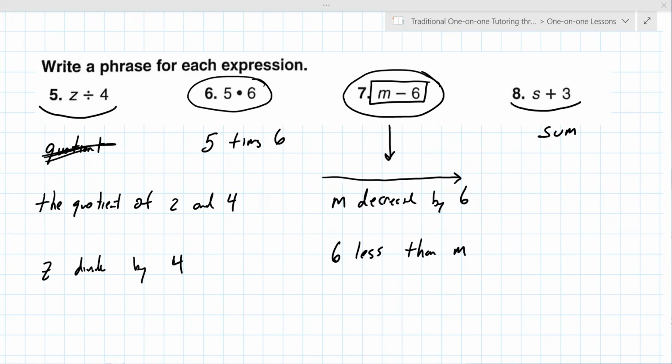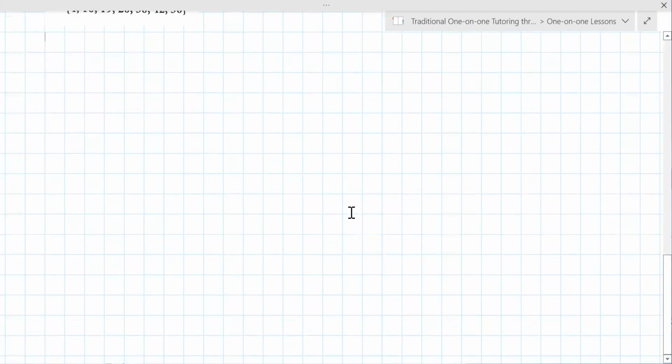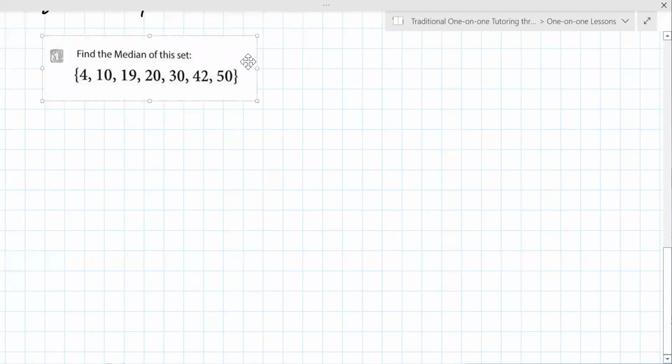So let's do this. Let's go to the last page because there's some new things here that we have not talked about. So let's just look at number 1. I'll snip that in here and share it. One of the nice things that your instructor has done here, it says find the median of this set, is they've put the data in order.